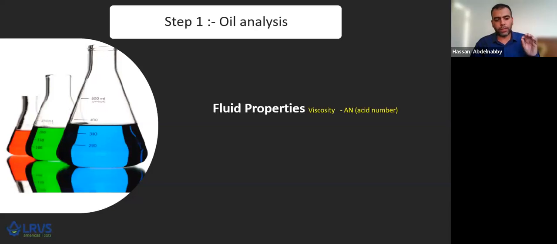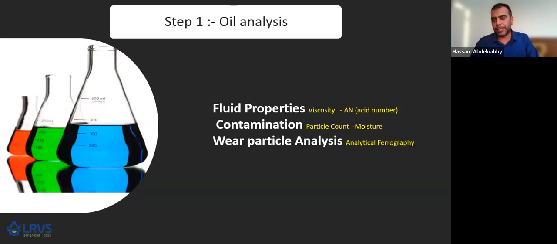But you need to know for sure that the oil sampling or the oil test must have the fluid properties like viscosity and acid number, and also, of course, should have contamination, like particle count and moisture content. And in severe cases, you need to ask for real particle analysis in order to perform analytical ferrography in order to find the root cause of this problem.